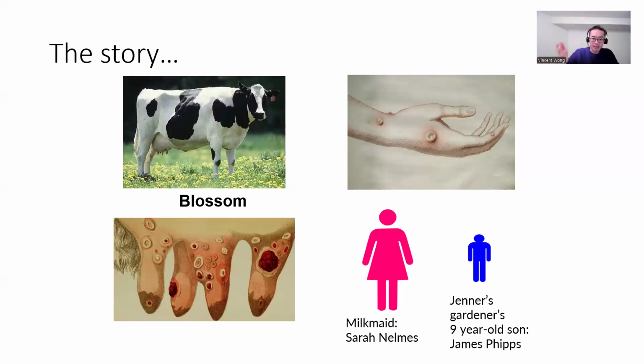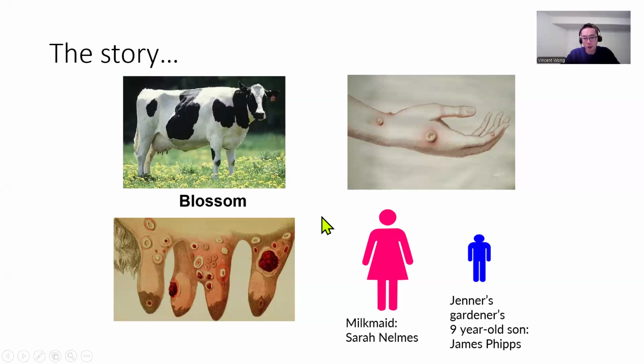Because I said one antibody for one pathogen. The protection you get from one disease is not necessarily going to work for another, right? But he was lucky. The cowpox and the smallpox are similar enough that if you get protection from cowpox, you will also get protection from smallpox. So, anyways, how did he prove his theory?